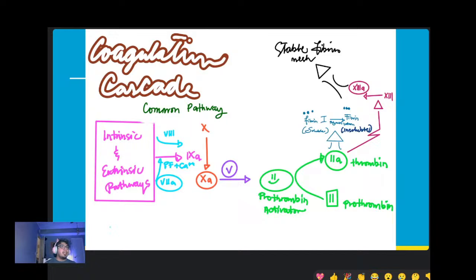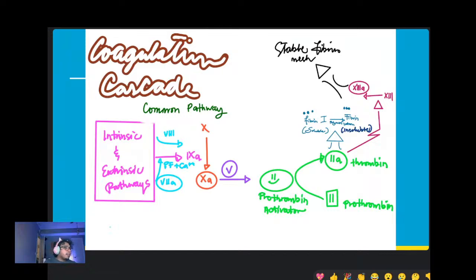Now, let's summarize the events that are occurring in the coagulation pathway for the common pathway. Let's start first. Okay? Let's go. Next. Okay. Intrinsic and common pathway has activators, right? The intrinsic pathway activates the common pathway via the activated factor 8. Okay?